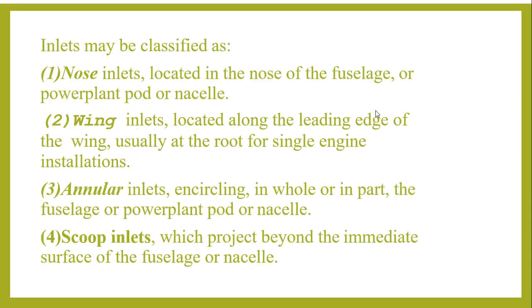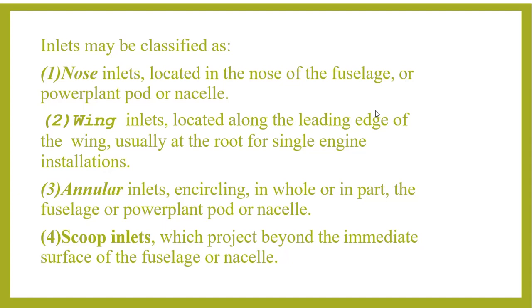The inlets may be classified as nose inlets, located in the nose of the fuselage or powerplant pod or nacelle. Mr. Professor, there are other inlets classified as wing inlets, annular inlets, scoop inlets. Can you tell us how they are? Yes, wing inlets are located along the leading edge of the wing, usually at the root for single engine installations.